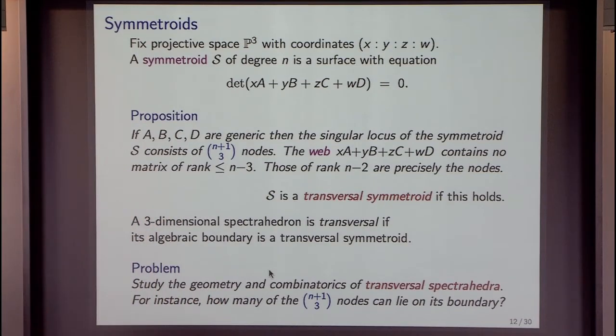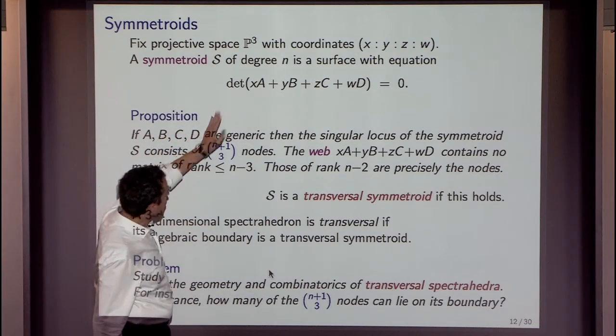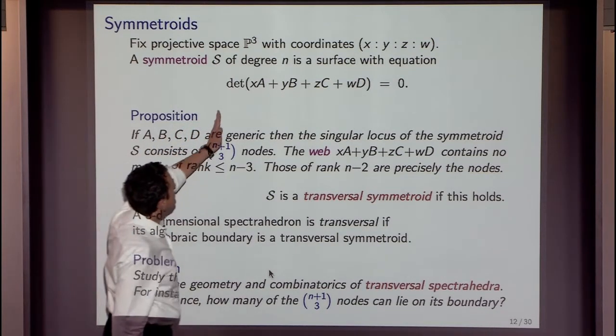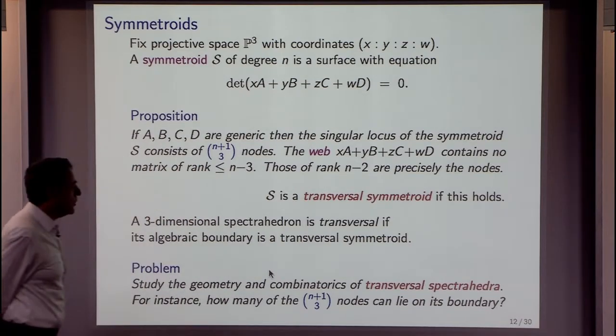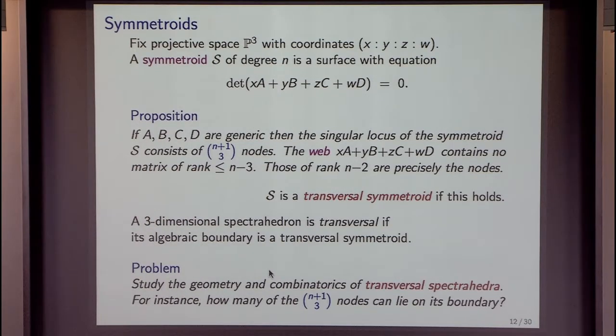So we're going to work in complex projective space P3 with 4 homogeneous coordinates x, y, z, and w. By a symmetroid, I will mean a surface of degree n whose defining equation is the determinant of an n by n symmetric matrix whose entries are linear forms in x, y, z, and w.